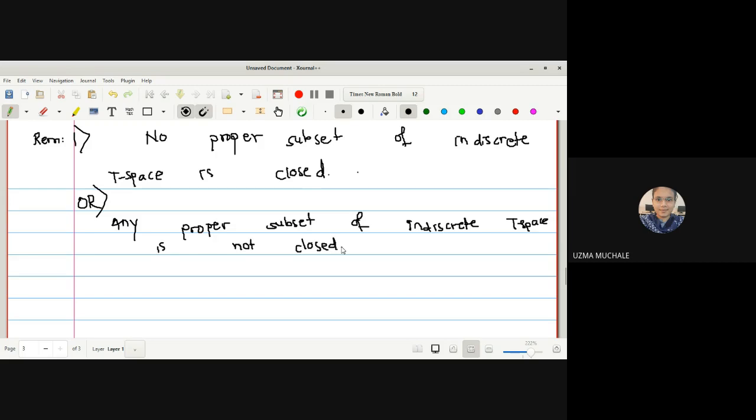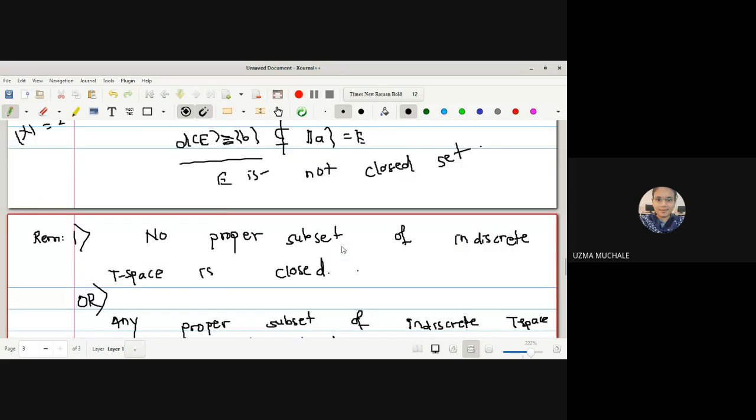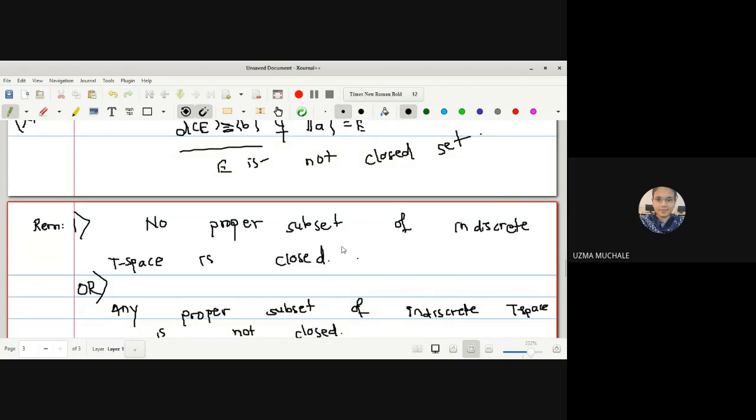Read both the statements and tell me what is the meaning of these statements.